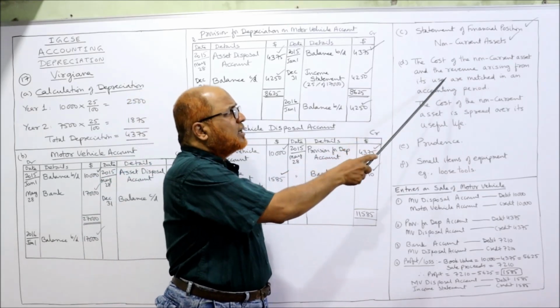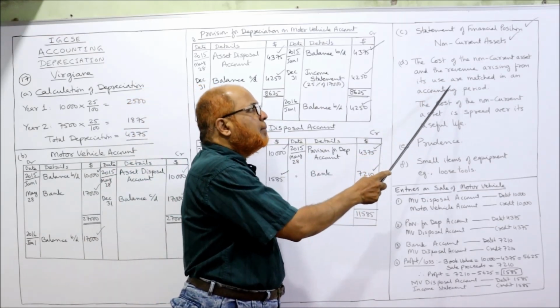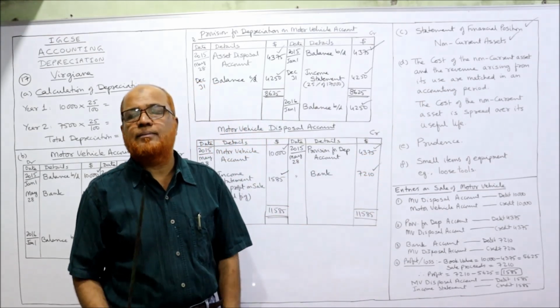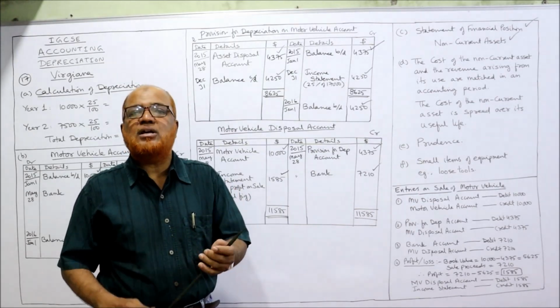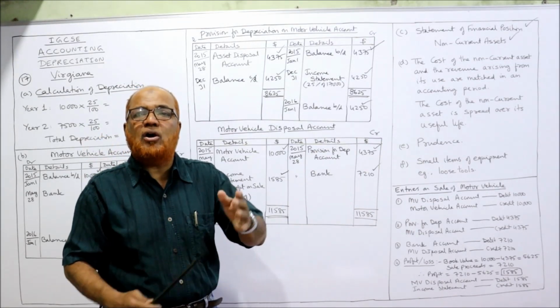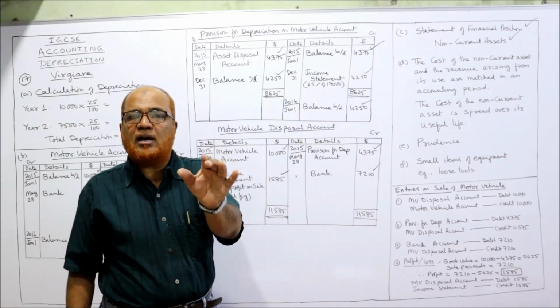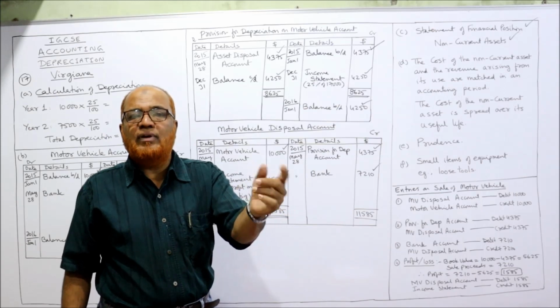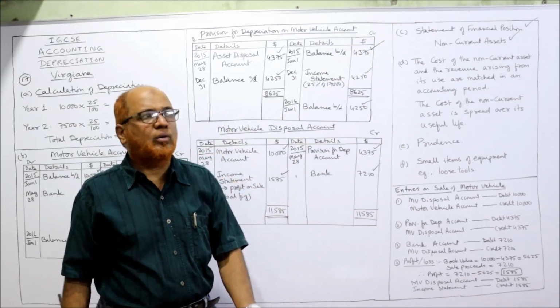The cost of the non-current asset and the revenue arising from its use are matched in an accounting period. So in an accounting period, we are matching. What are we matching? Revenue earned and cost incurred. The cost of the non-current asset used will be matched with the revenue earned during the accounting period.